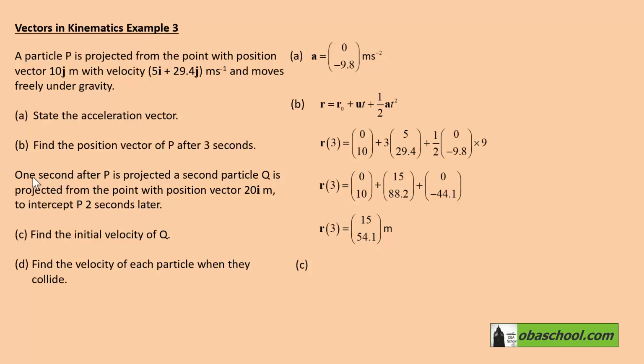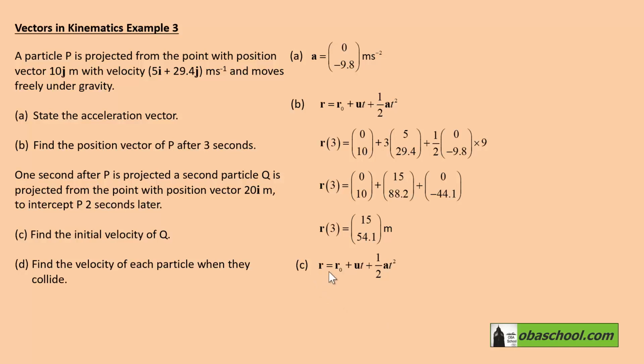Because, just reading this again, 1 second after P is projected, Q is projected and intercepts 2 seconds later. So in other words, that is at t equals 3. So P's been moving for 3 seconds and is at this position, and Q has been moving for 2 seconds when they intercept.